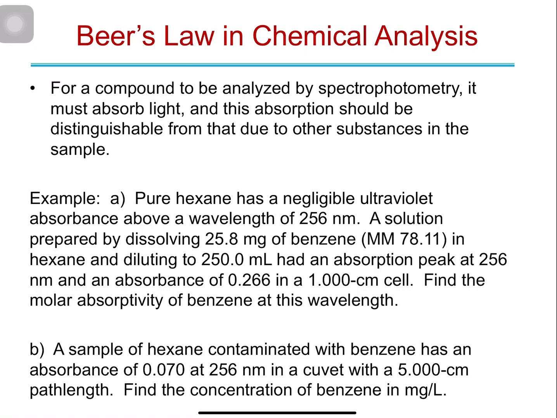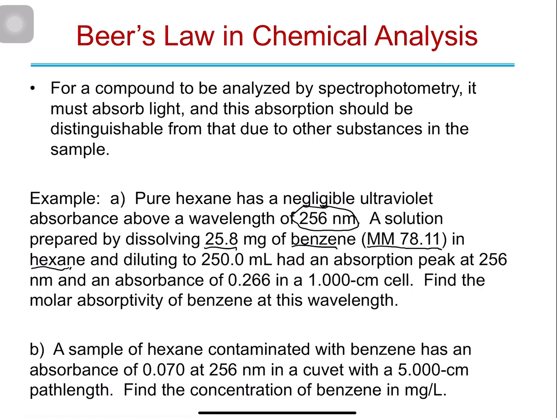So if you have a solution prepared by dissolving 25.8 milligram of benzene that has a molecular mass of 78.11 in hexane, and pure hexane has negligible ultraviolet absorbance above the wavelength of 256 nanometer.